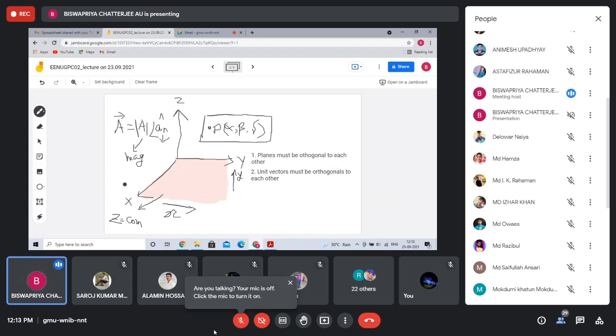This surface must have some direction. In order to understand the direction, what should be the correct notation for this: ax, ay, or az?